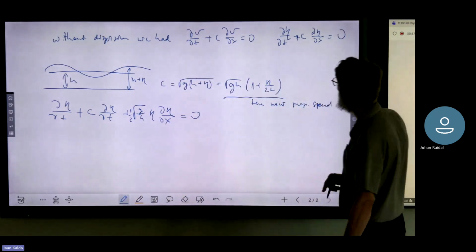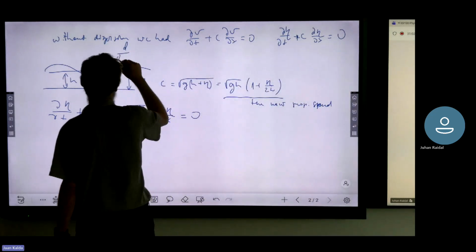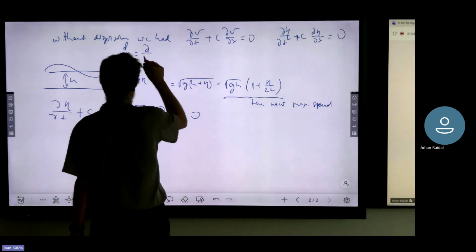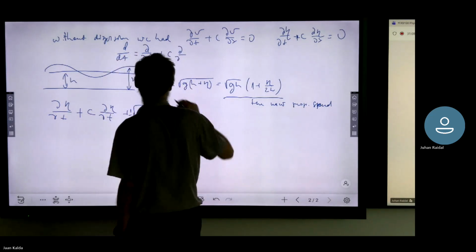And so in the co-moving frame, if we take the Lagrangian derivative, d over dt is d over dt plus c d over dx.